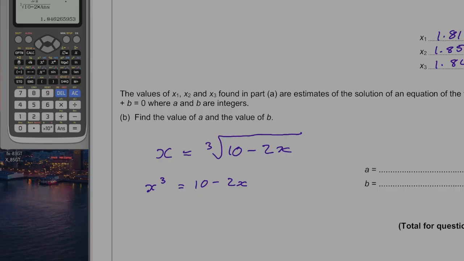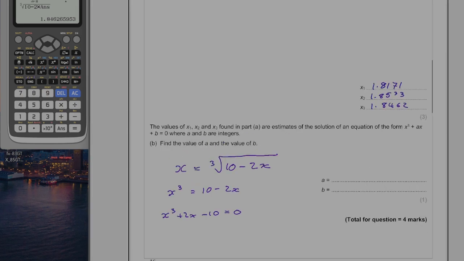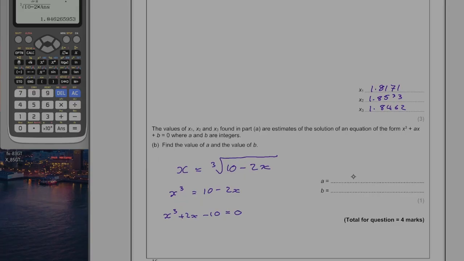And then I'm going to take everything over to the left-hand side. So that would give me x cubed plus 2x minus 10 is equal to 0. Right, and that means then that a would be equal to 2 and b would be equal to minus 10.